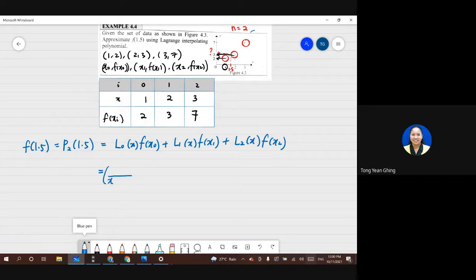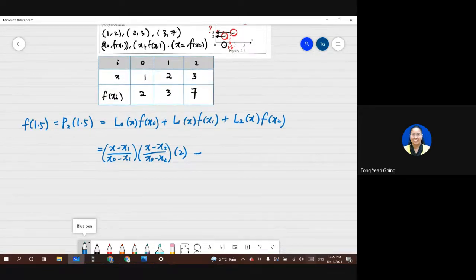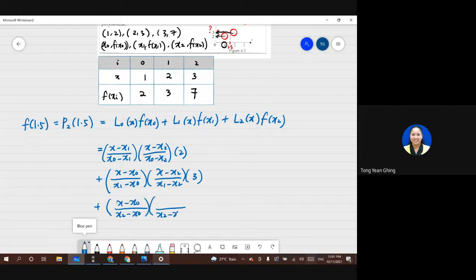You will get (x minus x1)/(x0 minus x1) times (x minus x2)/(x0 minus x2), times the value of f(x0), that is 2, plus (x minus x0)/(x1 minus x0) times (x minus x2)/(x1 minus x2), the second value is 3, plus (x minus x0)/(x2 minus x0) times (x minus x1)/(x2 minus x1), times the value of 7, like this.